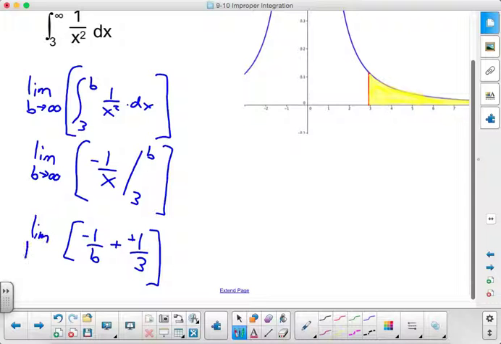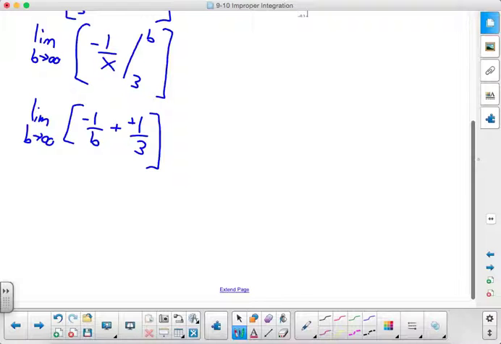Now here's where we get to the point where I have to take a limit. What happens when I plug in infinity for b? Negative 1 over something huge. Really small. How small? Infinitely small, 0.